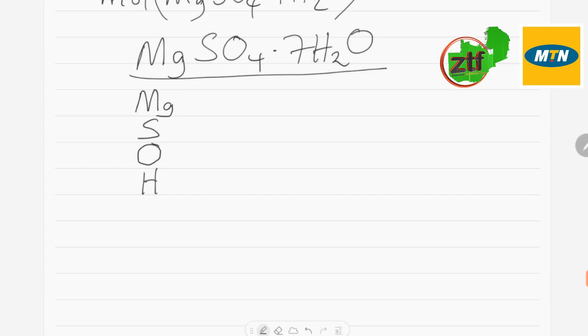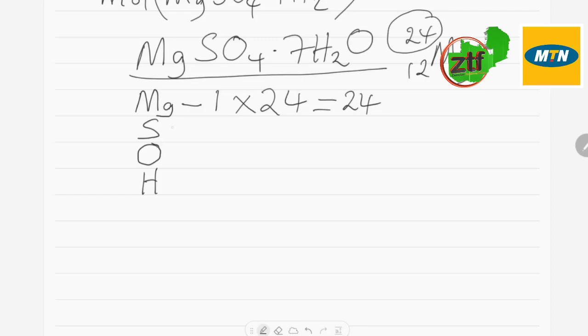We realize that there's only one atom of magnesium, so it is 1 times the molar mass for magnesium. Remember, magnesium is 24 over 12. So the molar mass is that number on top, the 24. So it is 1 times 24, giving us 24. Sulfur, there's also one atom of sulfur, so it is 1 times 32, giving us 32.